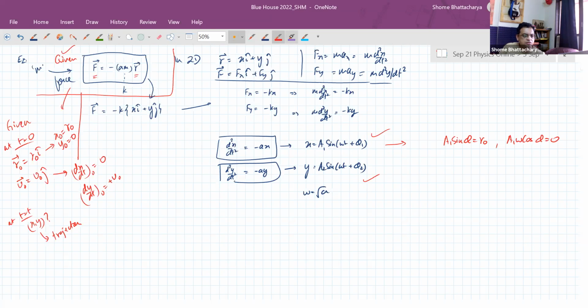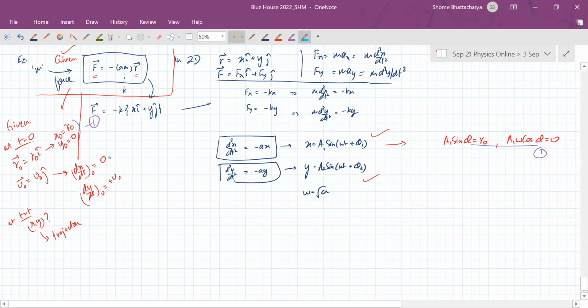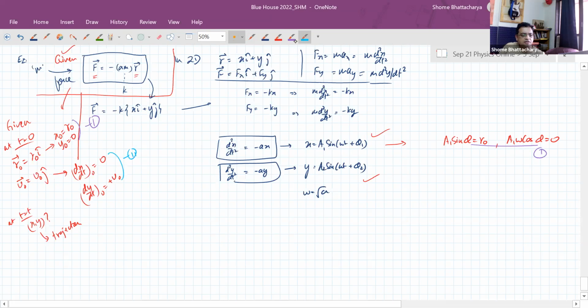From this piece of information, I'm getting this. And from the other information, I'll get a kind of reverse of this, that a2 sine phi should be 0, whereas a2 omega cos phi 2 should be plus v naught.